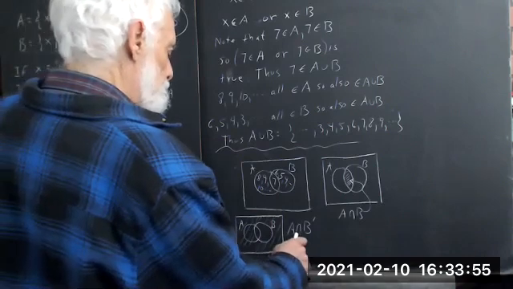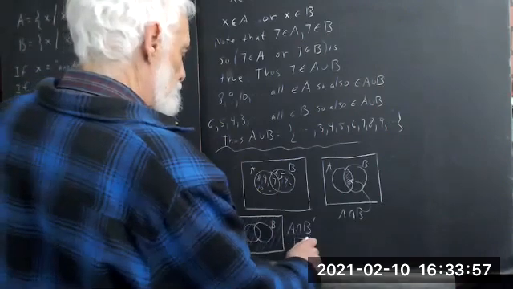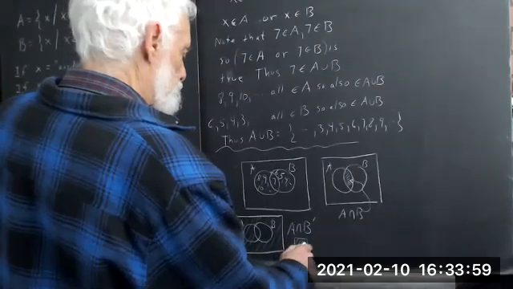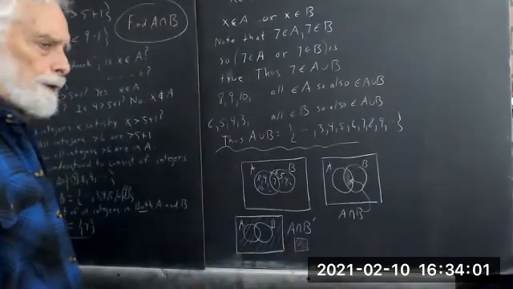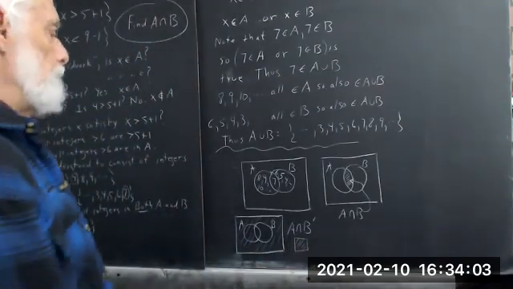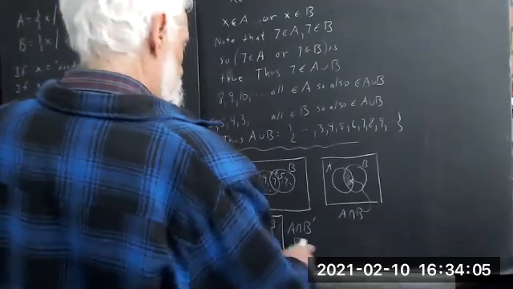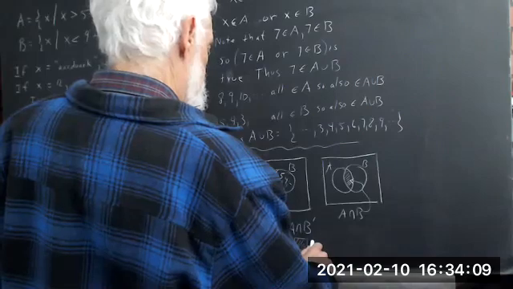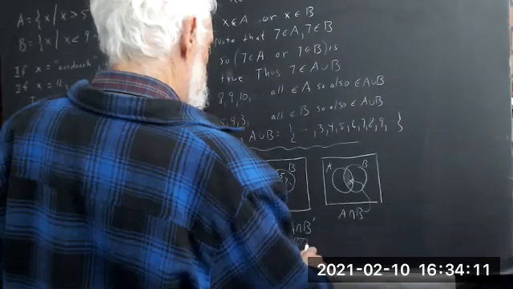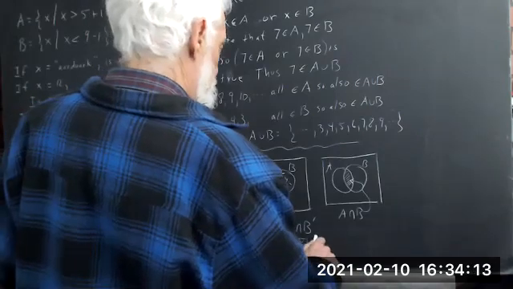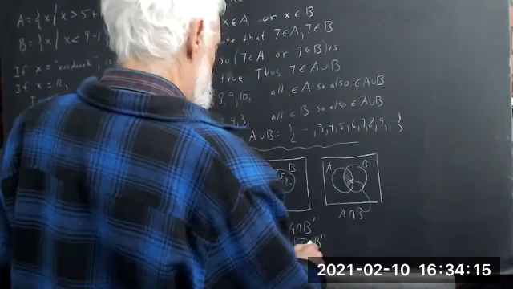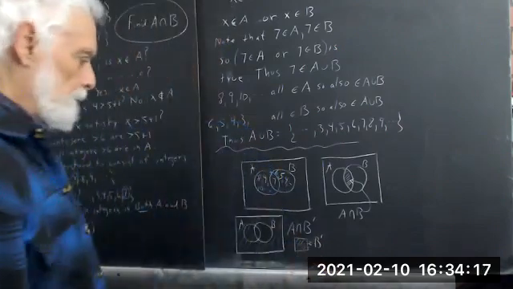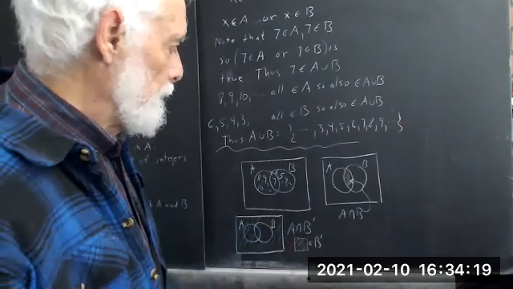So A intersection B prime, I've shaded like this. Sorry, B prime, I've shaded, I don't like the way that's set up. But I'll just do that. This represents how I'm shading B prime.